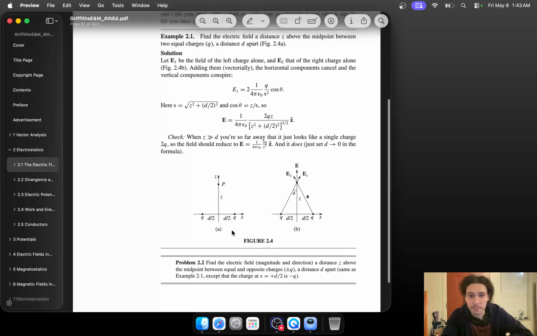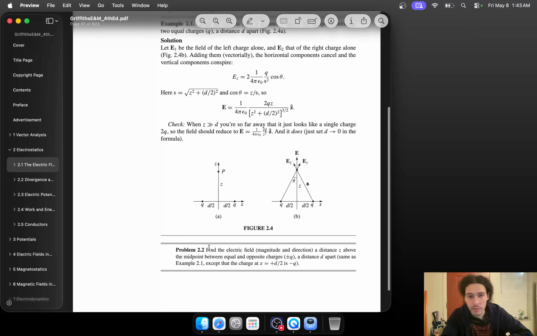And for problem 2.2, notice both of these charges are exactly the same. They're both positive or they're both negative. Point being, they're both exactly the same magnitude, same sign of charge.